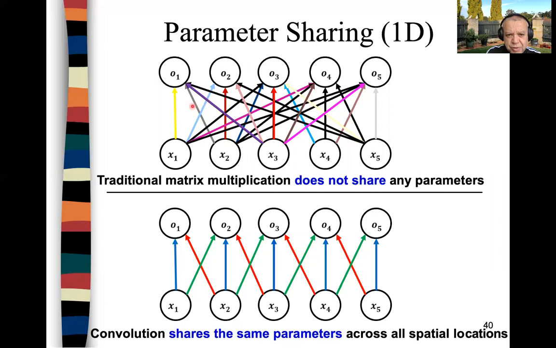That's why they're colored differently. And they're also a different color from the weights between this output node and the input nodes, and the same thing for the others. So there's no parameter sharing, no same weights. The weights are not the same.